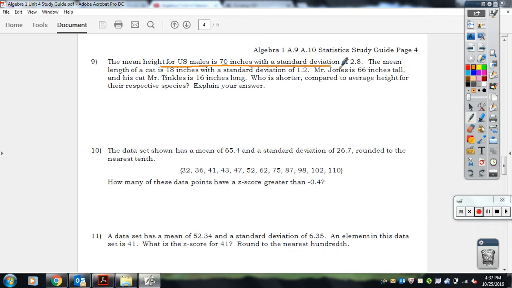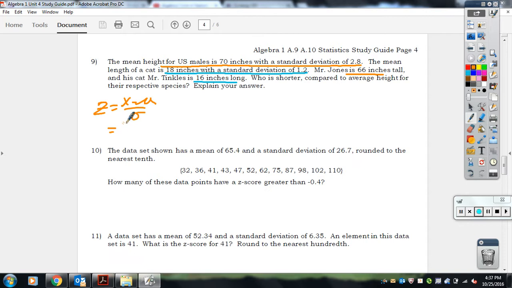Height for male, 70 inches, standard deviation of 2.8. Mr. Jones, 66. The cat: 18 inches, standard deviation of 1.2. The cat is 16. Now they're both below average, but let's see who is below average more, based on how many z-scores away from the average they are. Let's talk about Mr. Jones. Z equals x minus mu all over sigma.